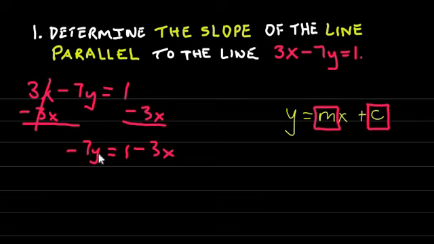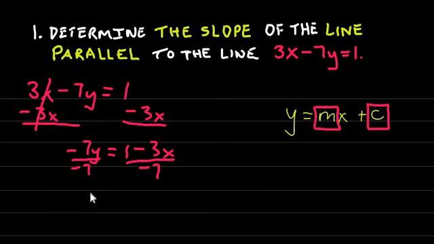Coefficients multiply to the left of variables, and to get rid of them we do the reverse. The reverse of multiplication is division, and so we will divide this term by negative 7, which is the coefficient of the y term. And what we do to one side we do to the other side as well, so we divide this side as well by negative 7. Any number divided by itself will give us a positive 1.